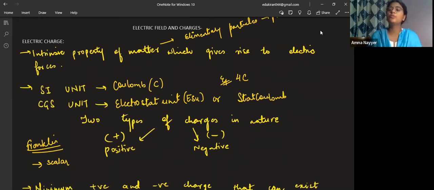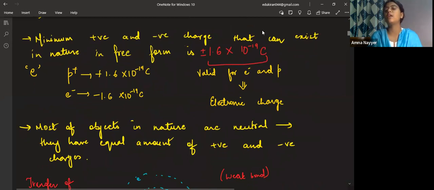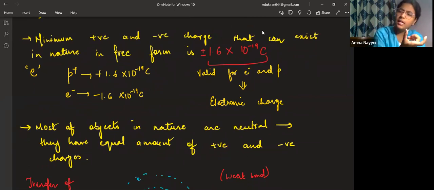That value, all of you should remember, is 1.6 into 10 to the power minus 19 coulomb. For electron, we'll put a negative sign just to distinguish it from proton, and for protons, we'll put a plus sign. That is plus 1.6 into 10 to the power minus 19 coulomb. This much charge is held by a single proton, and minus 1.6 into 10 to the power minus 19 coulomb is held by a single electron.